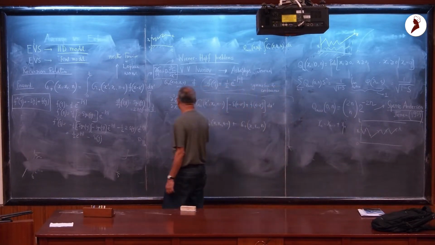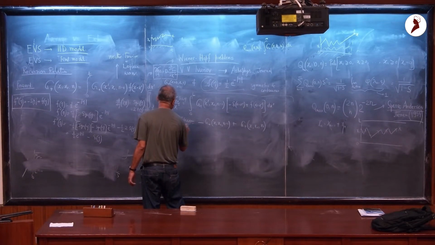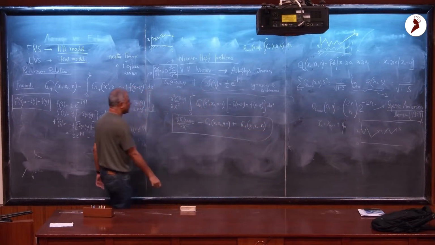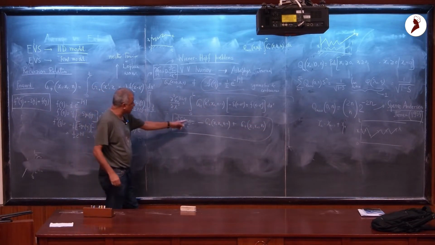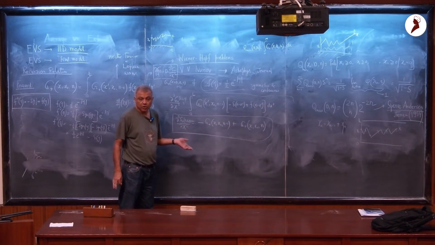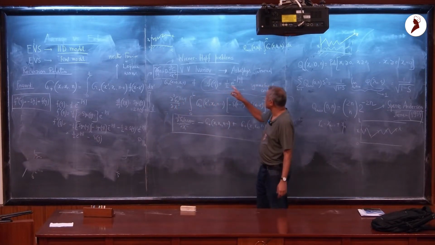So you have now a differential equation instead of an integral equation. And now you can take a generating function with respect to n, and you can actually solve this equation quite easily. Okay. So this trick actually works for this particular distribution.